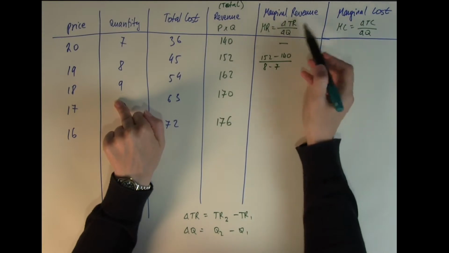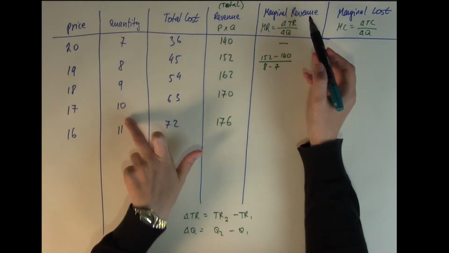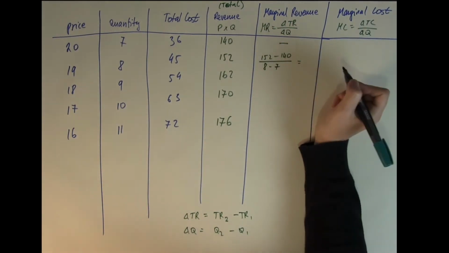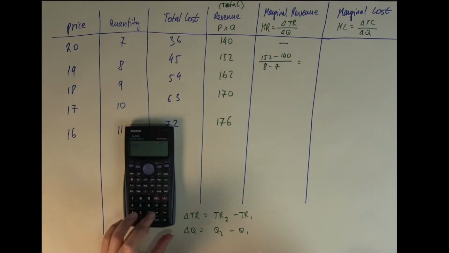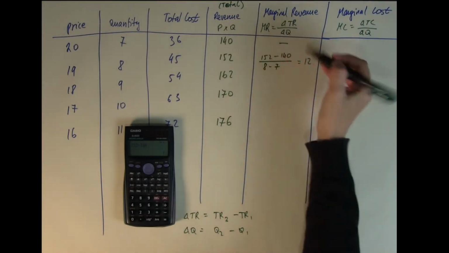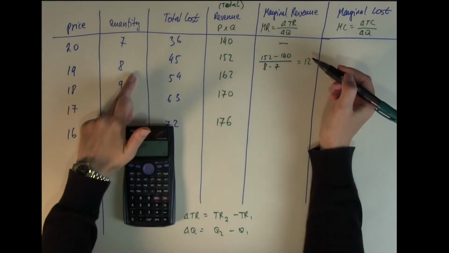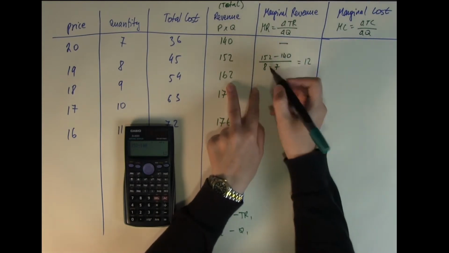So the marginal revenue in this particular case, when the quantity only grows by 1, will always be just the change in the total revenue. The difference between 152 and 140 is 12. So the marginal revenue is 12 for this particular price and quantity combination. How would that differ here?